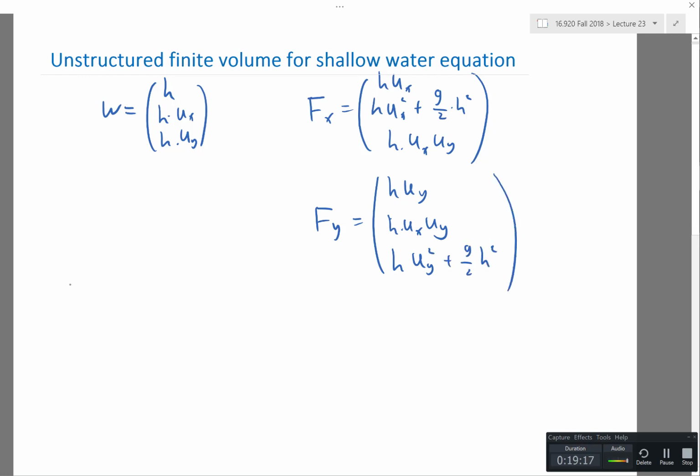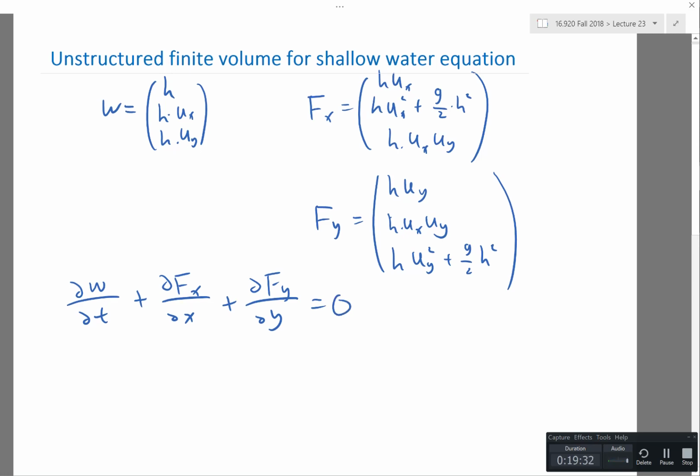So this feeds into our general finite volume, our general conservation law: dW/dt plus the x derivative of the x flux plus the y derivative of the y flux is equal to 0. All right.